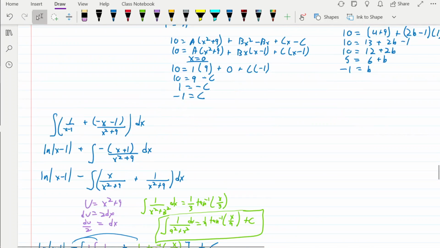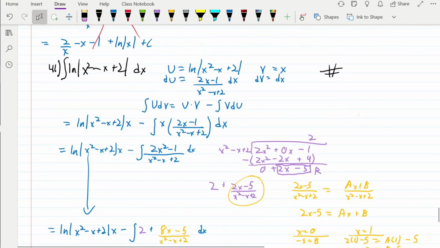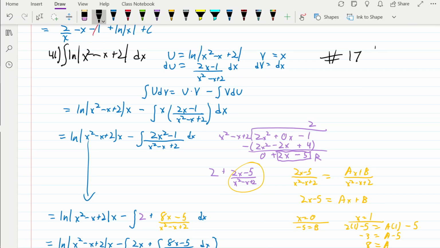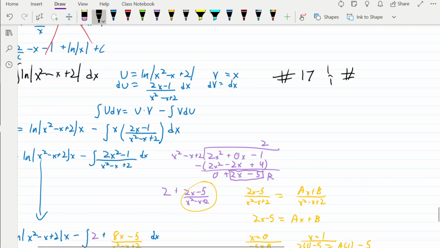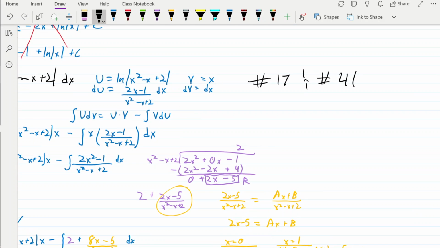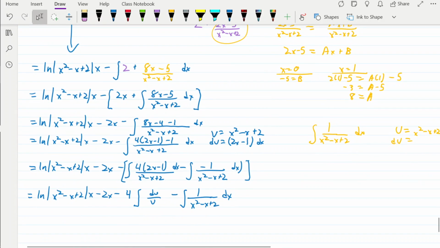Okay, so number 17, and then number 41 during office hours, as either my brain just can't think right now or whatnot, just not there. I do not know what I'm doing wrong.